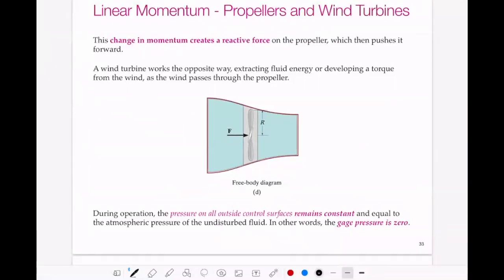So the pressure along a streamline is constant. And we'll say it's equal to the atmospheric pressure, or the surrounding pressure of the undisturbed fluid. So we'll say this is equal to our gauge pressure, or atmospheric pressure.